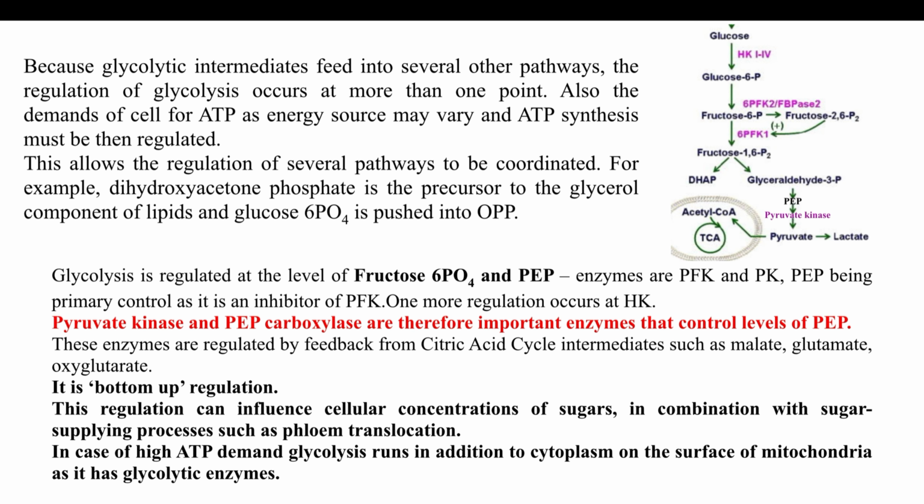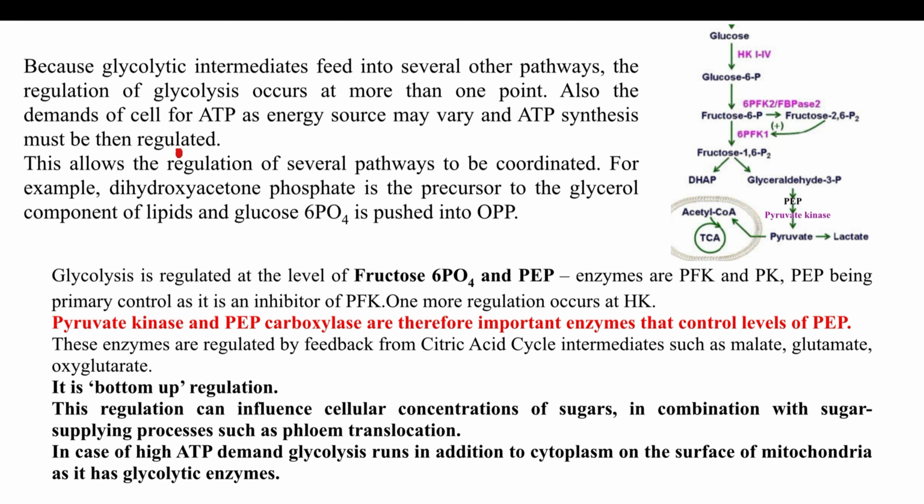What we have to do is regulate that. Partially, we can run the cycle, but we do not produce the energy. So, keeping this concept in mind, we move ahead to regulation of glycolysis.